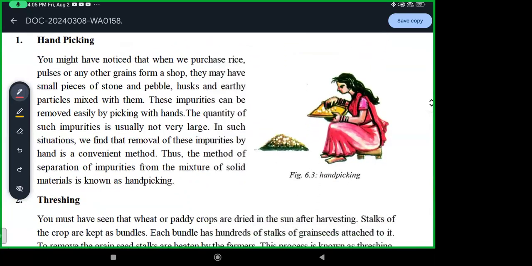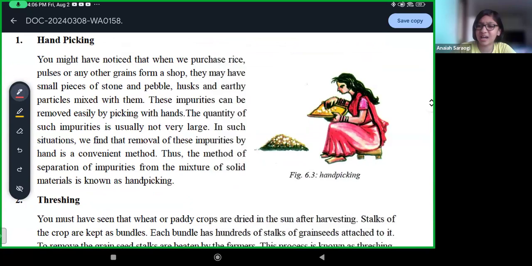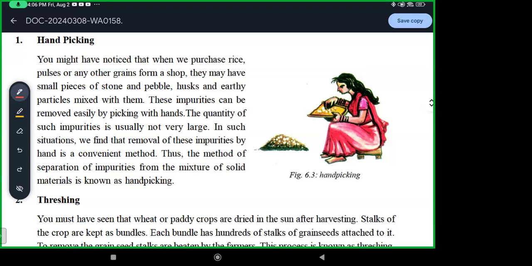Now you must have noticed that when our mothers make dal at home, they first pick it. They see if there is any stone or little things in it, or to separate rice or dal and pulses. Ma'am, that doesn't happen anymore, right? They separate it and sell it. Yes, now they separate and sell it, but it used to happen before.